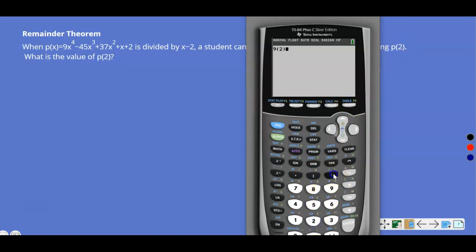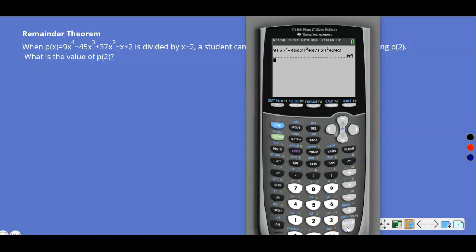So 2 raised to the 4th power, and then minus 45 times 2 to the 3rd power plus 37 times 2 squared, and then plus 2 for the x right here, and then plus 2 again. So if you type this in correctly, this will give you the remainder.